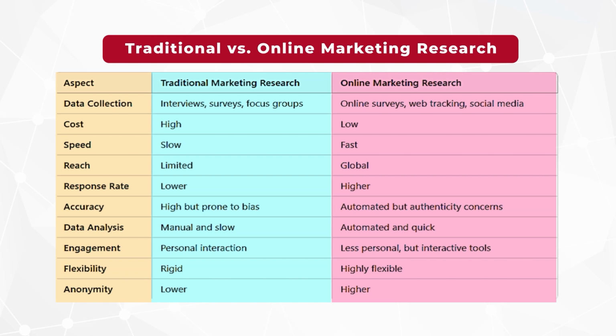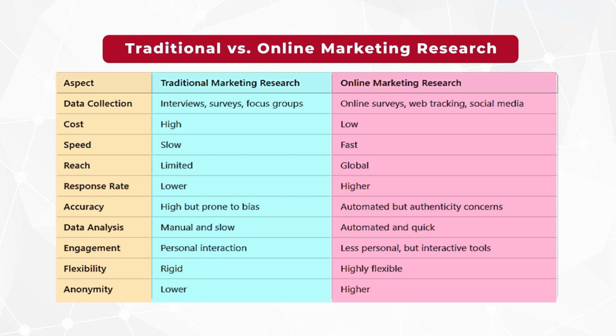In online marketing research, the respondent's identity is quite hidden and it is automated, so the responses are on the better side. The accuracy may be affected because there are some authenticity concerns about who is responding, because you never know who the concerned person is. In traditional research, face to face interviews were there, but there might be bias.